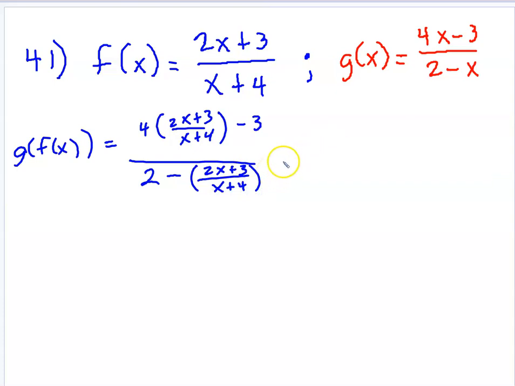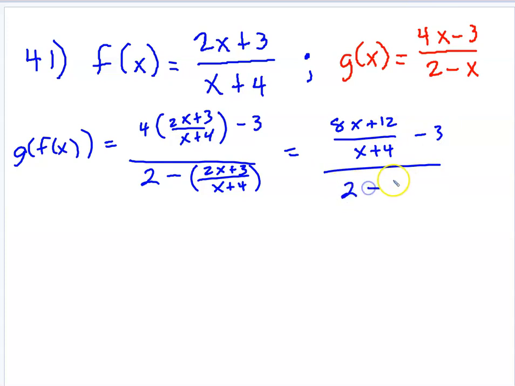All right, so let's see what we got here. So distribute the 4. All right, common denominator, which will be x plus 4.